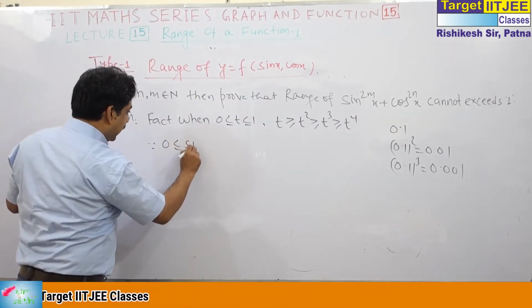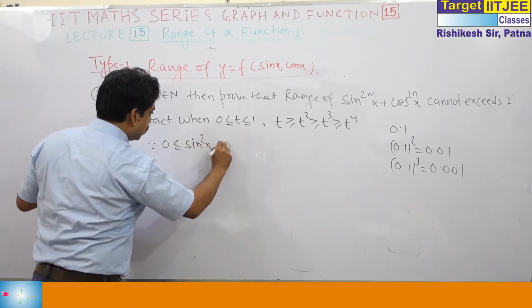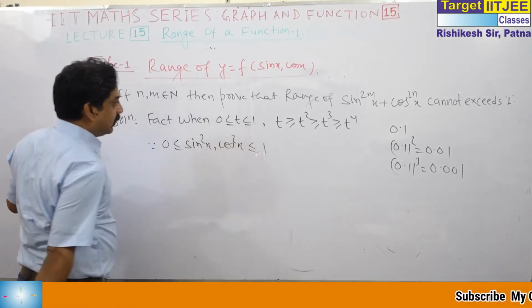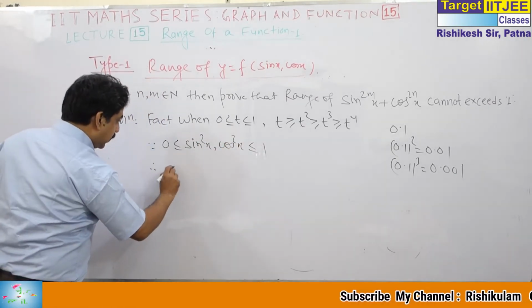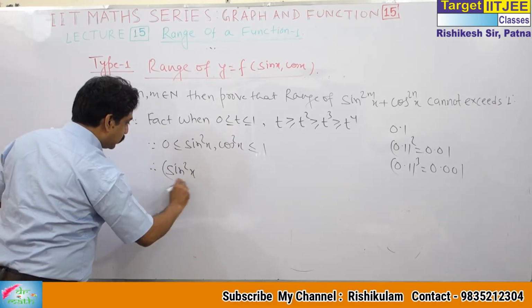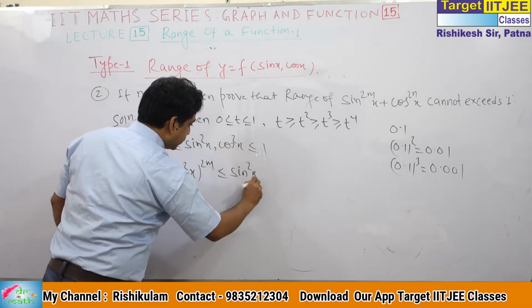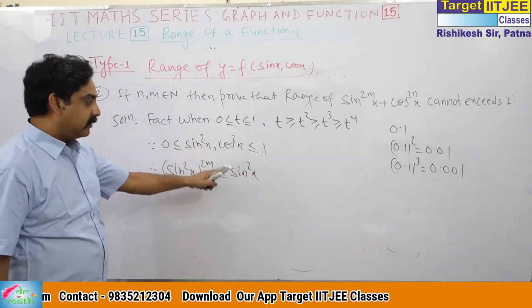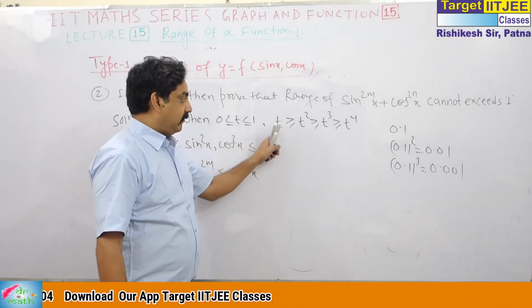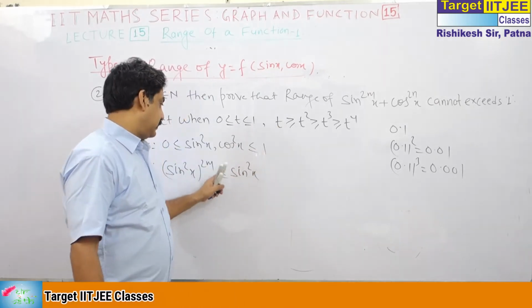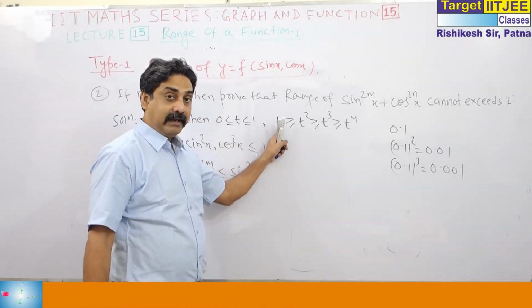Since both sine square x and cos square x lie between 0 and 1, therefore sine square x to the power 2m is less than sine square x. The term with minimum power will be greater.